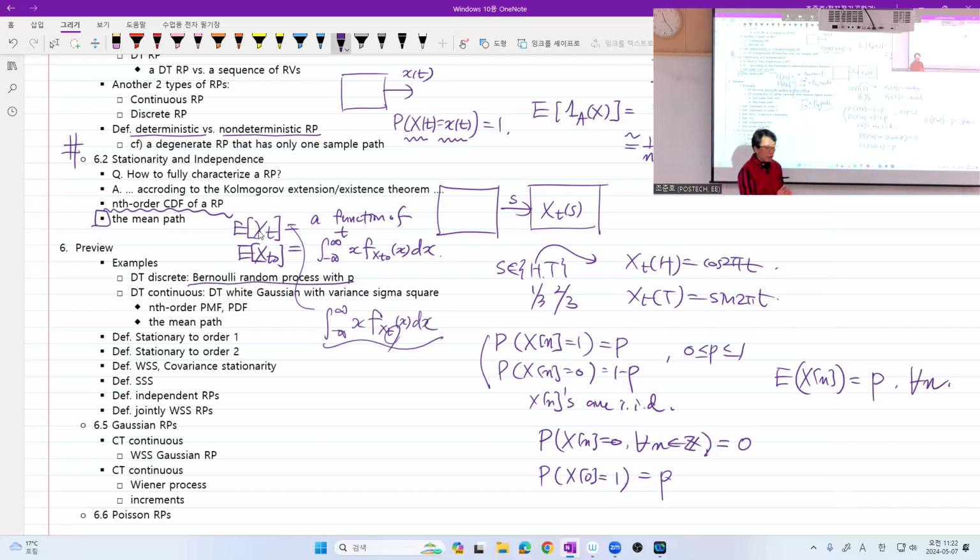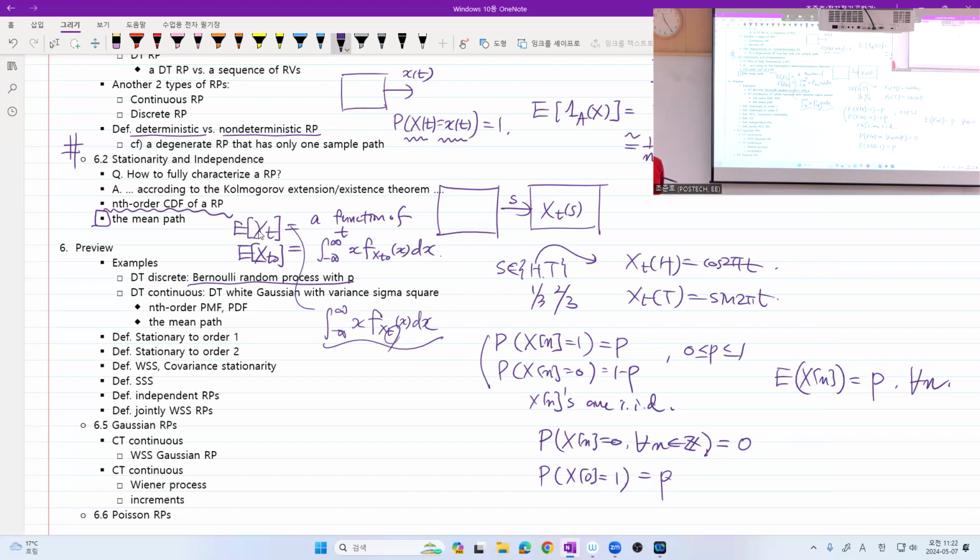We may require countably infinite moments of the random variable, if they exist, right? Some random variables do not even have some nth-order moments. Got it? So that just translates to the random process case. The mean path never represents the ensemble. However, there are some special cases where the mean path really means something. And those cases are also very important.